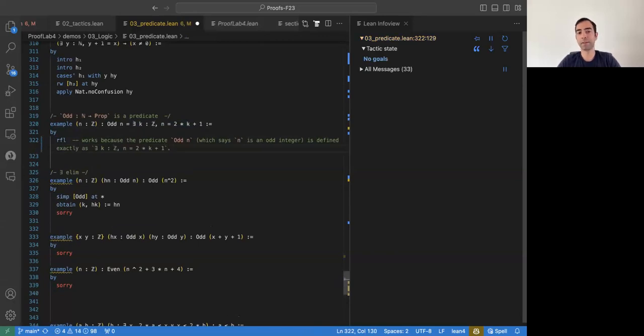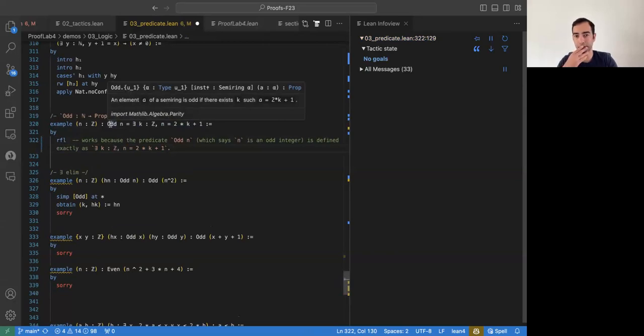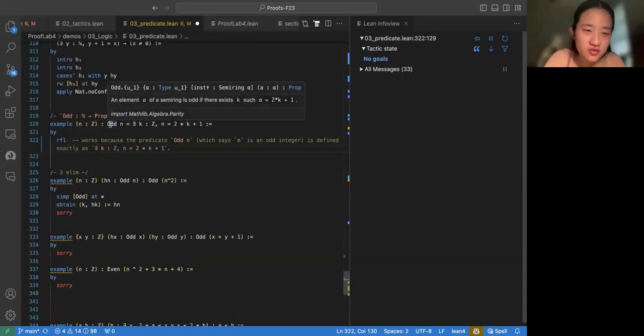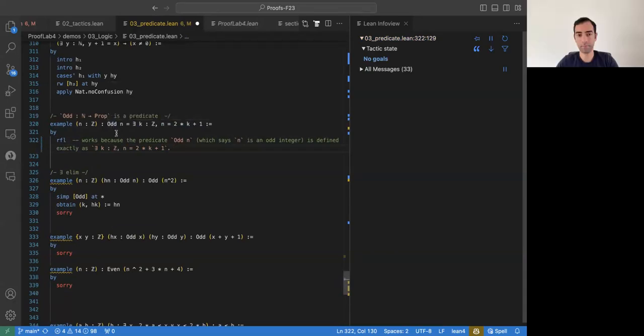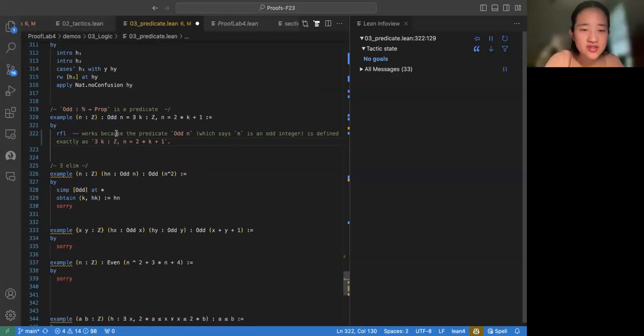This is how it's defined essentially. So that's why reflexivity works. And to see how it's defined, if I mouse over this, it says exactly what the definition is. The notation is there's an odd integer n, which equals a k value that's an integer.